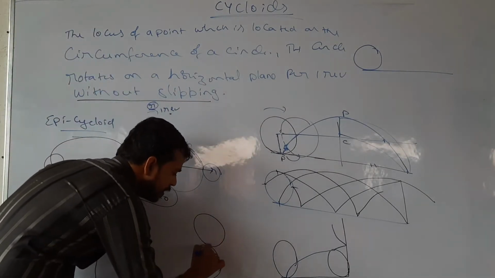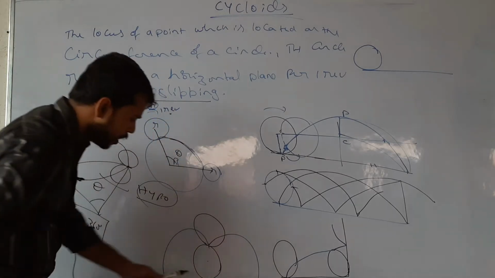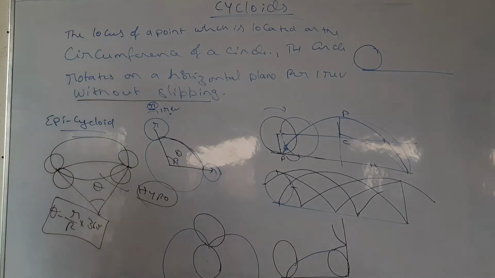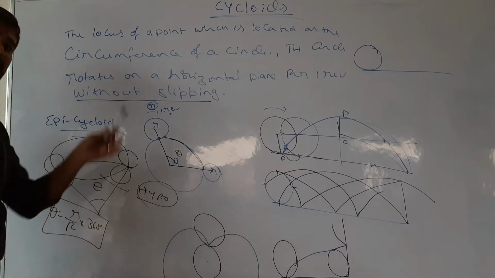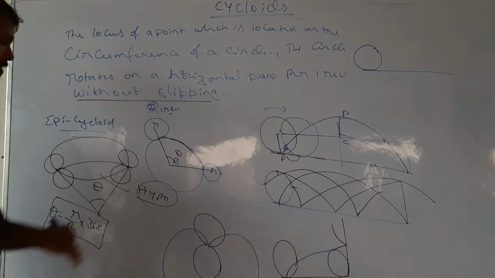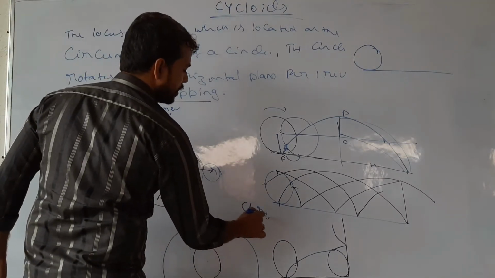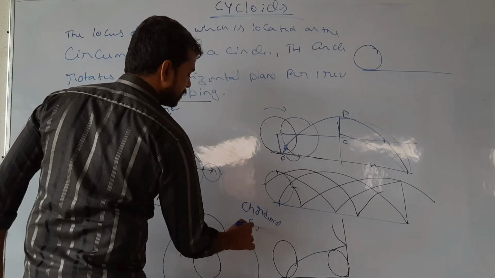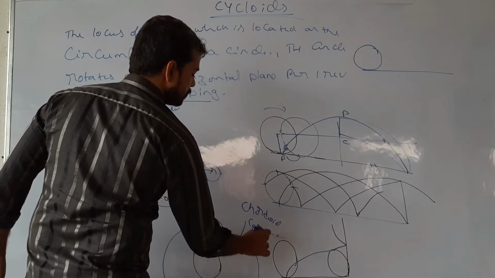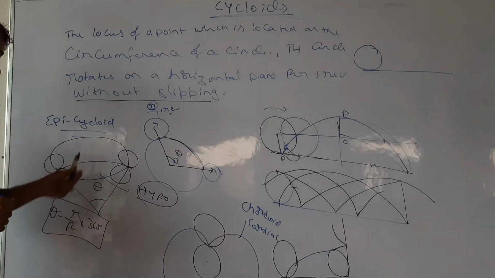It will follow like this, in a love symbol. That's why when a circle is rotating on another circle of equal radius, the formation will be a cardioid.